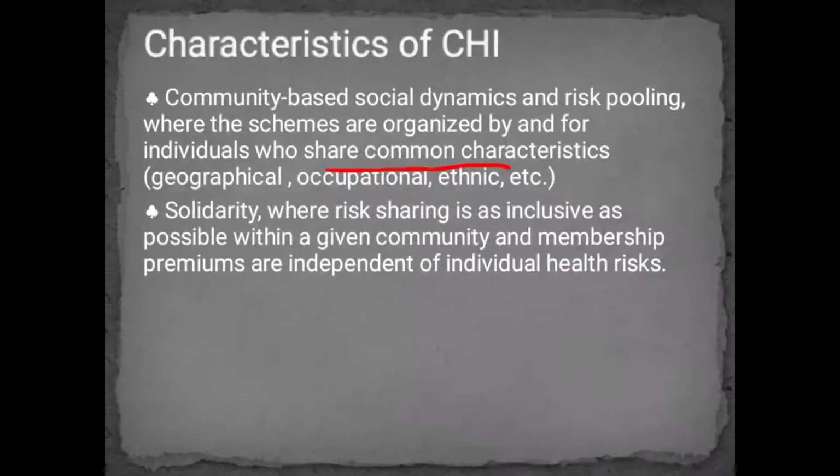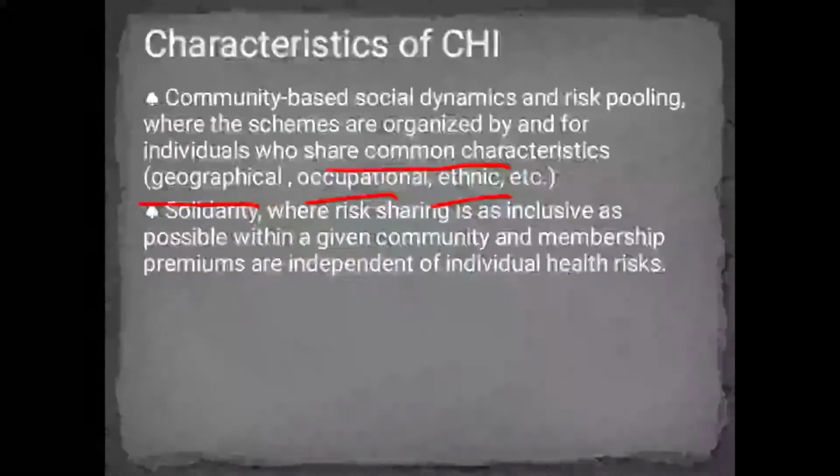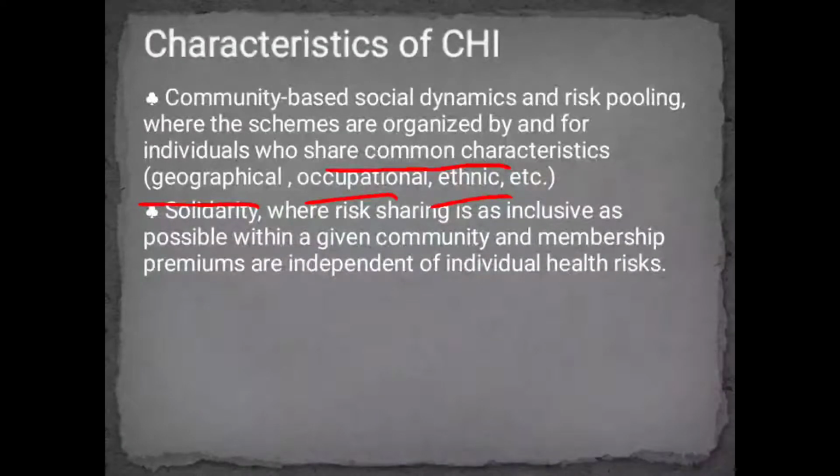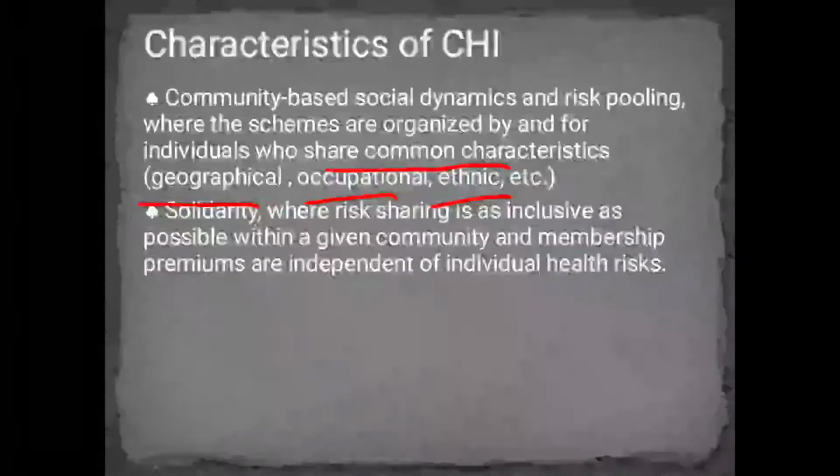The common characteristic may be a particular geographical area, occupation or ethnicity. For example, if insurance is for particular construction workers, then it becomes occupational. Then solidarity, where risk sharing is as inclusive as possible within a given community, and membership premiums are independent of individual health risks. It is designed for a particular community.